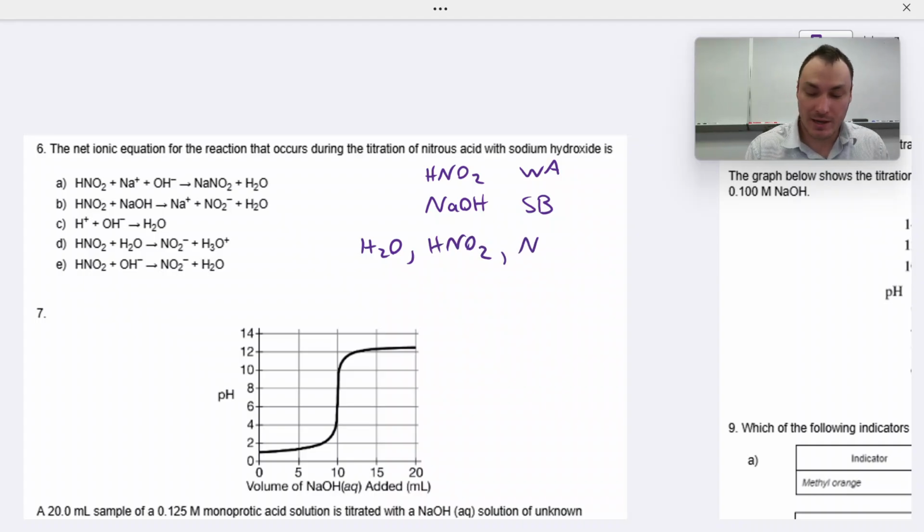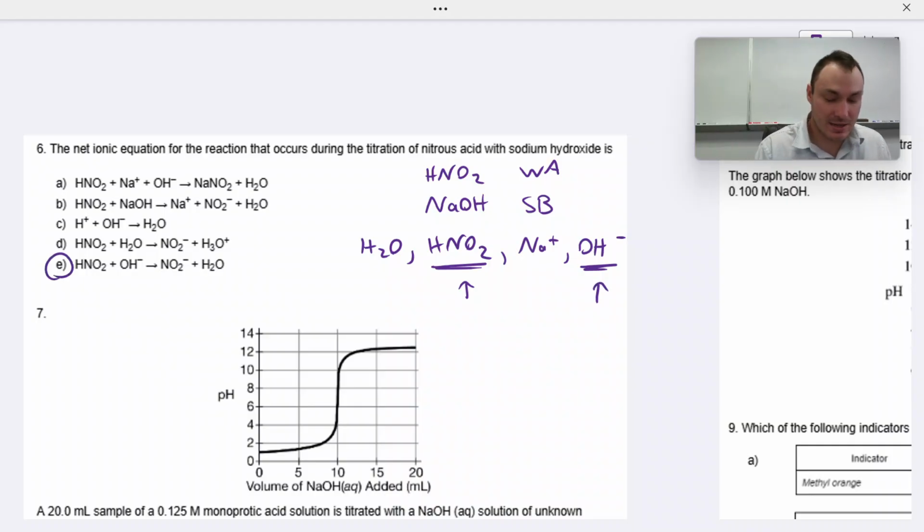And then we have Na+ and hydroxide, OH-, coming from the strong base, because sodium hydroxide is a strong base. The best base is OH-. The best acid is the nitrous acid, so the reaction is going to be the nitrous acid combining with the hydroxide, which looks like E is the thing that does that.